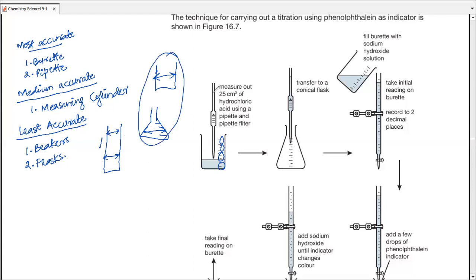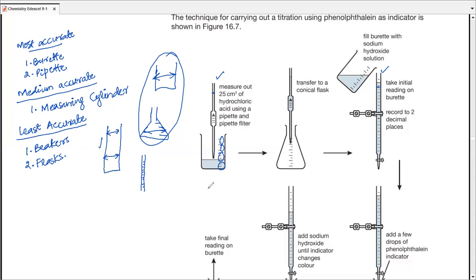And take a look at this pipette. Take a look at this burette, how less wide they are. That's why these two are the most accurate pieces of equipment. Since they are much less wide and there are many readings on their longer structures, they're very accurate.